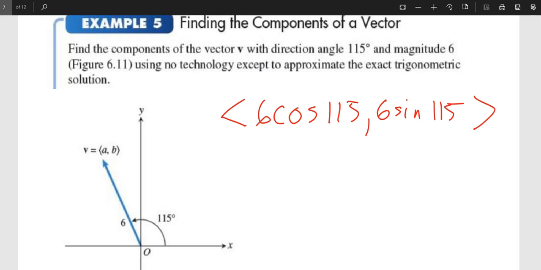Now, could I do something with half angles? Probably not, because that's 230 degrees, and I don't know what 230 is. Could I do something with addition or subtraction? Maybe. But truthfully, folks, I'm not trying to cram more into this chapter based on the last one.